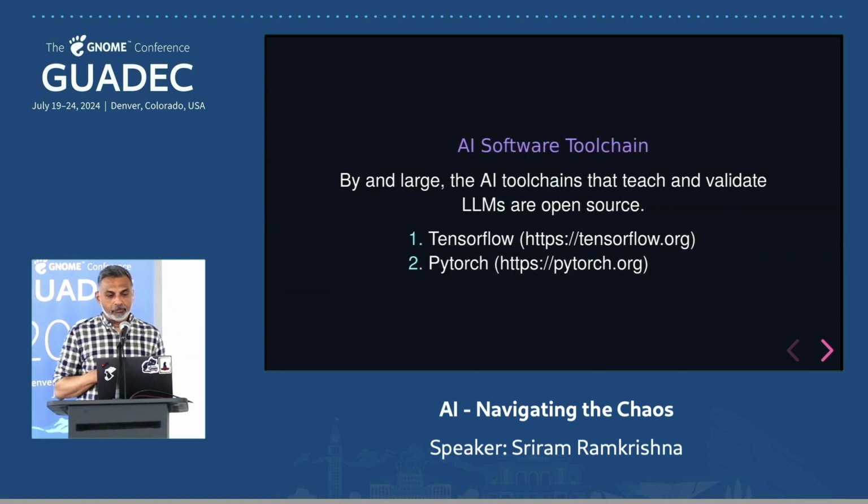By and large, the tool chain to train AI is largely open source. TensorFlow and PyTorch are two such ones that are super popular and being used all the time.